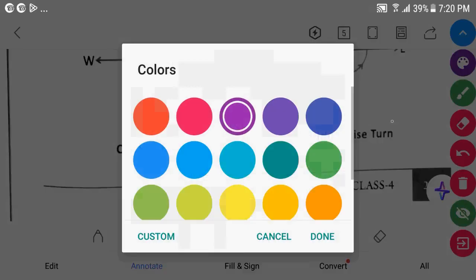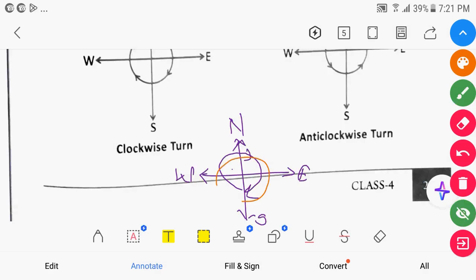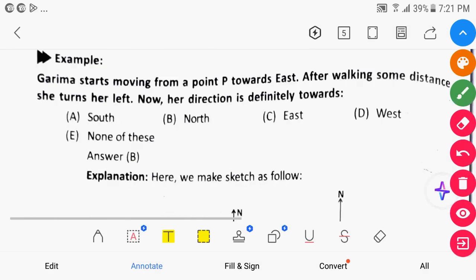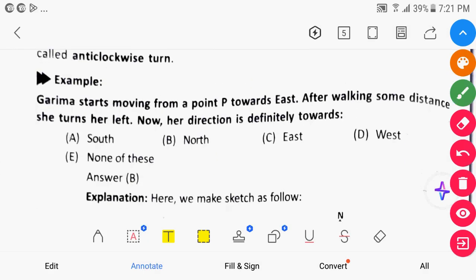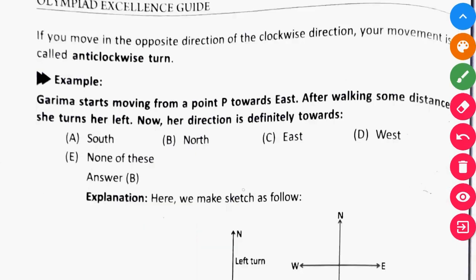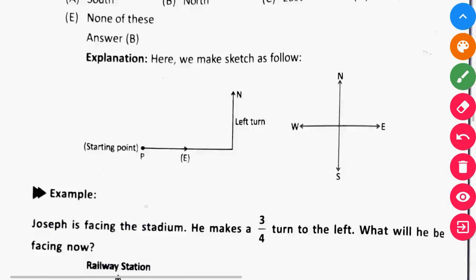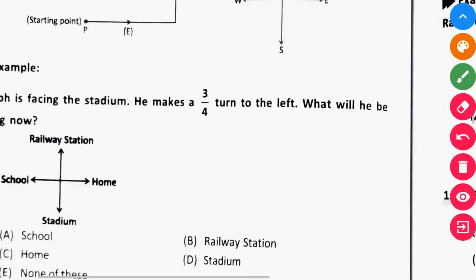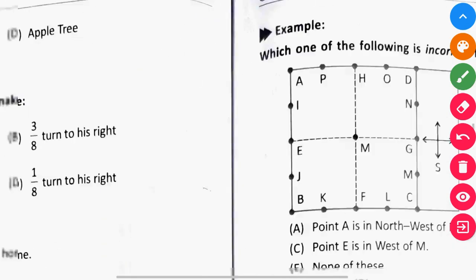And if we go in the opposite manner, it is anti-clockwise direction. Okay. Now based on these directions, we have to solve some problems. Like if one person is moving from the point P to the east, after walking some distance she turns left, and her direction is definitely towards which side. So you have to identify the direction like this. Or they may mention turns taken by that person. So you can solve the problems based on direction.